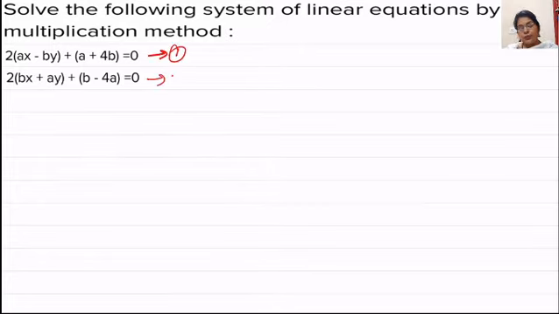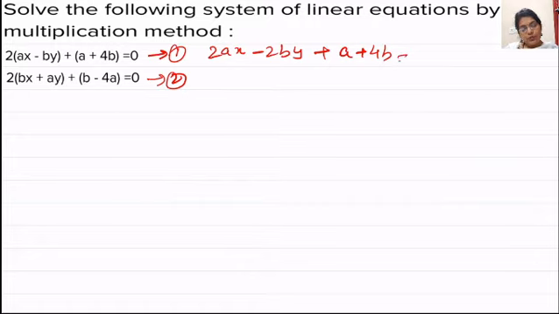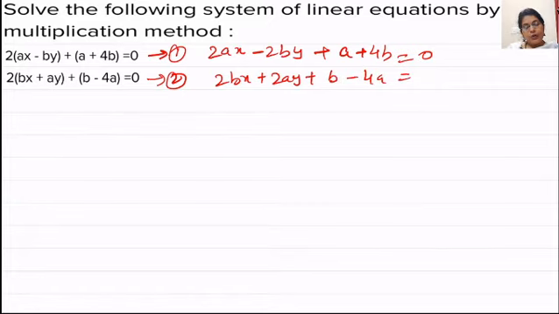What will it become? 2ax minus 2by plus a plus 4b equal to 0, and 2bx plus 2ay plus b minus 4a equal to 0.